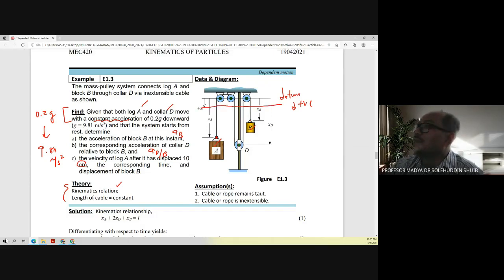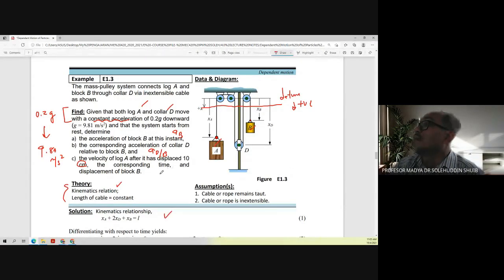You can see here for A there is x_A, for D there is 2, and x_B, 1. So you have x_A plus 2x_D plus x_B equal to a constant.